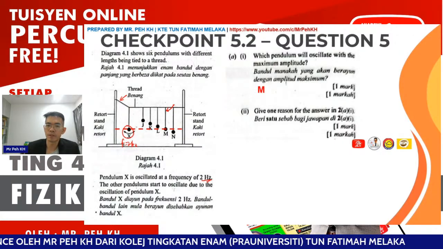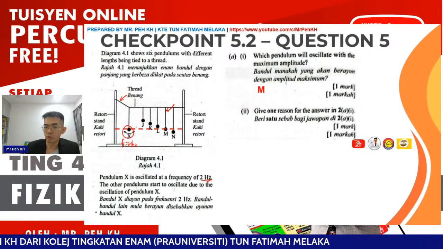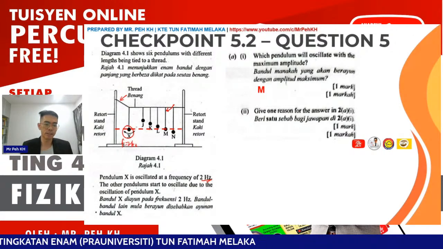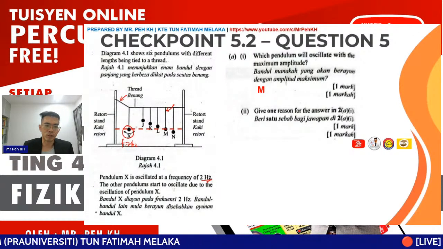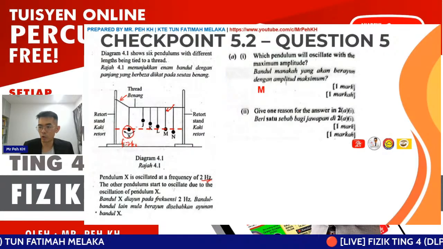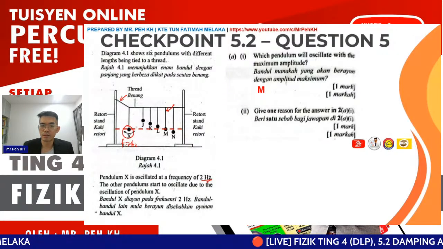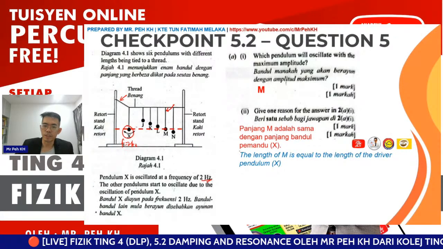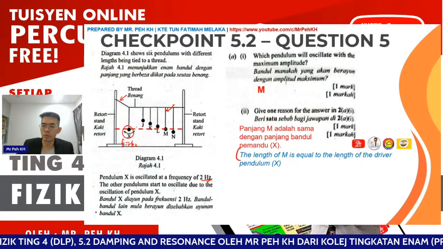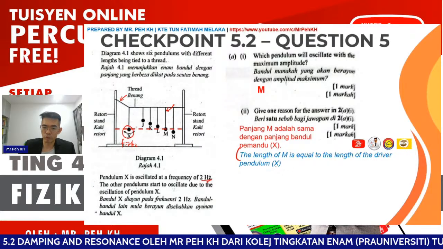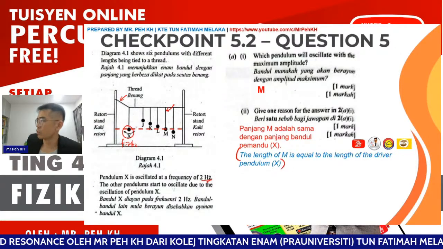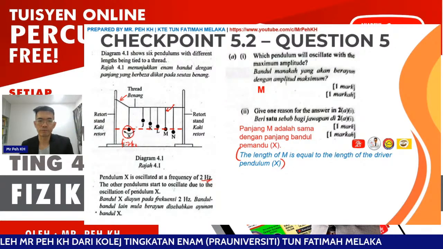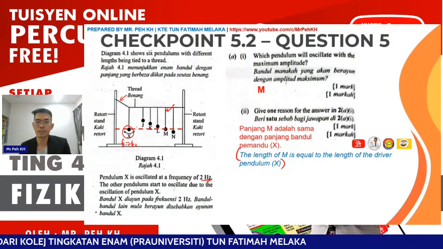So the answer is M. Give the reason, as we just went through: this is because the length of pendulum M is the same as X. Or you can give that the natural frequency of M is the same as the natural frequency of X. The length of M is equal to the length of the driver pendulum, which is X here. So the answer is very direct actually. For this subtopic, it's not very hard actually.